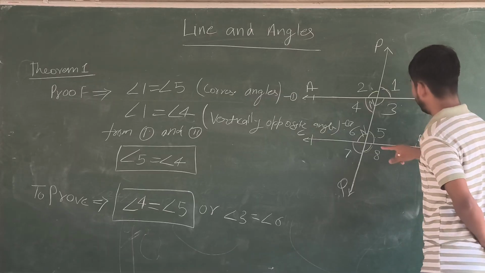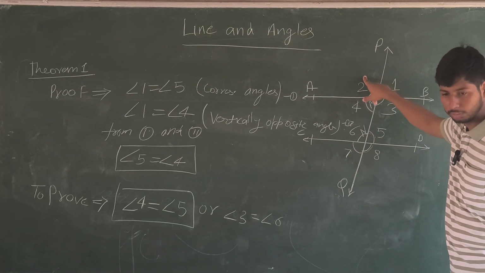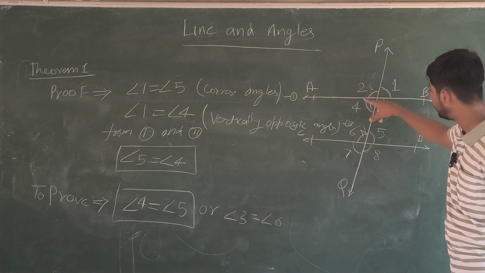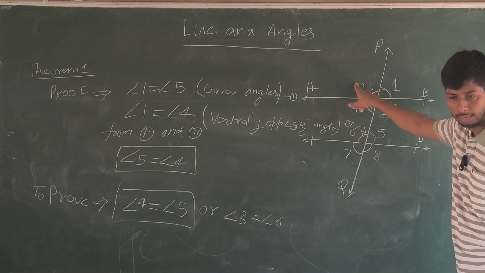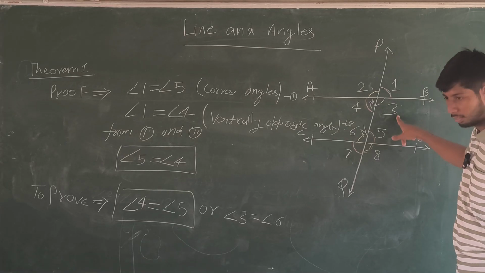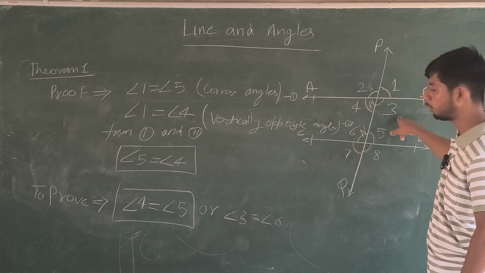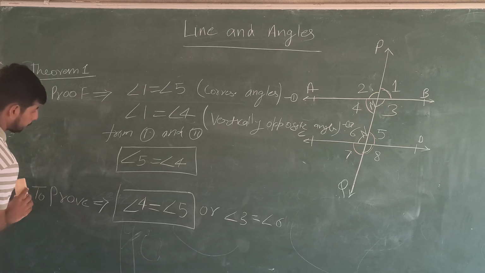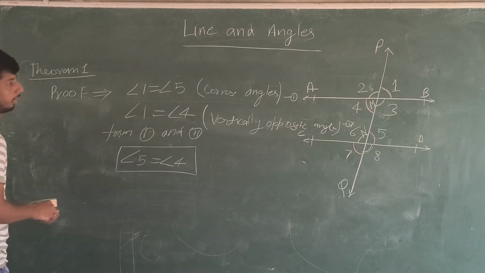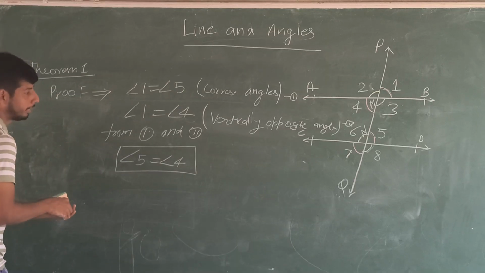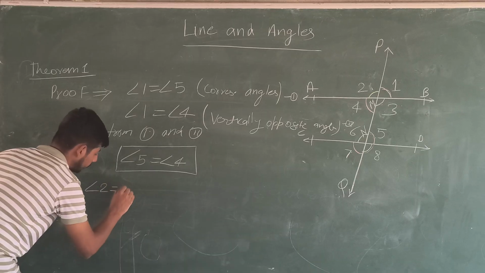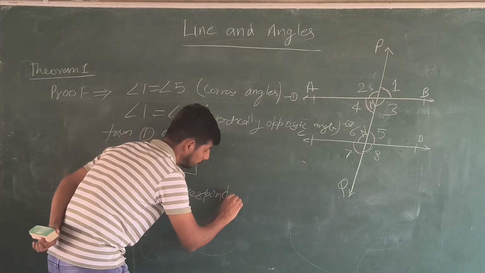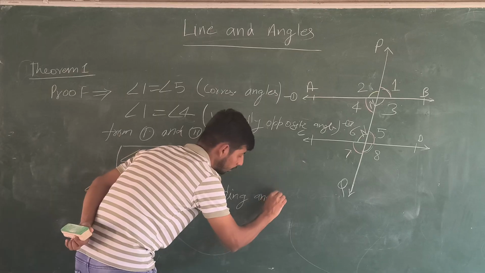And similarly, if we take this side, we can write angle 2 is equal to angle 6, corresponding angles.